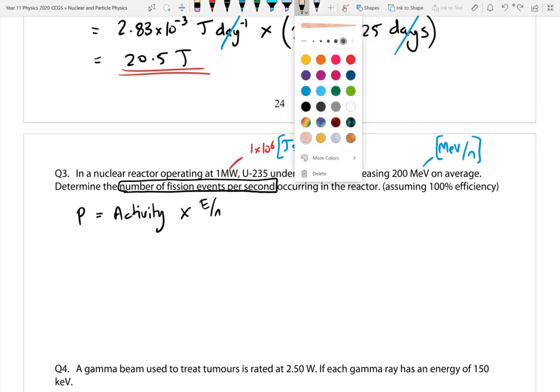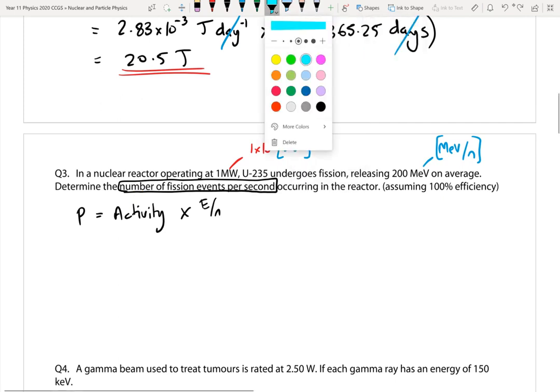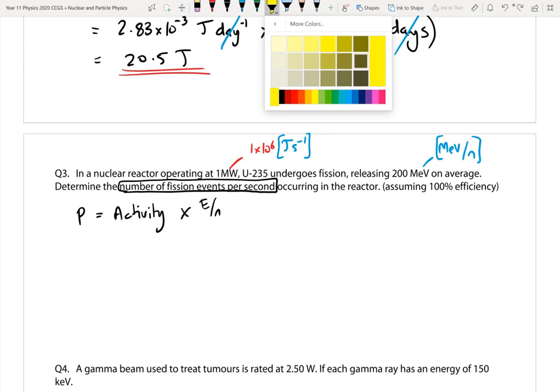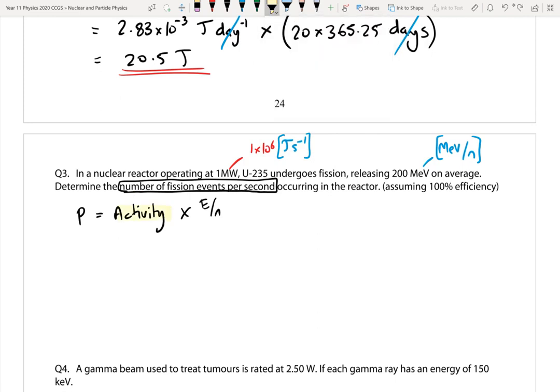There we are. So we want to find that. I've tried to make an equation here so we can then rearrange. Activity is going to be power divided by energy per event.